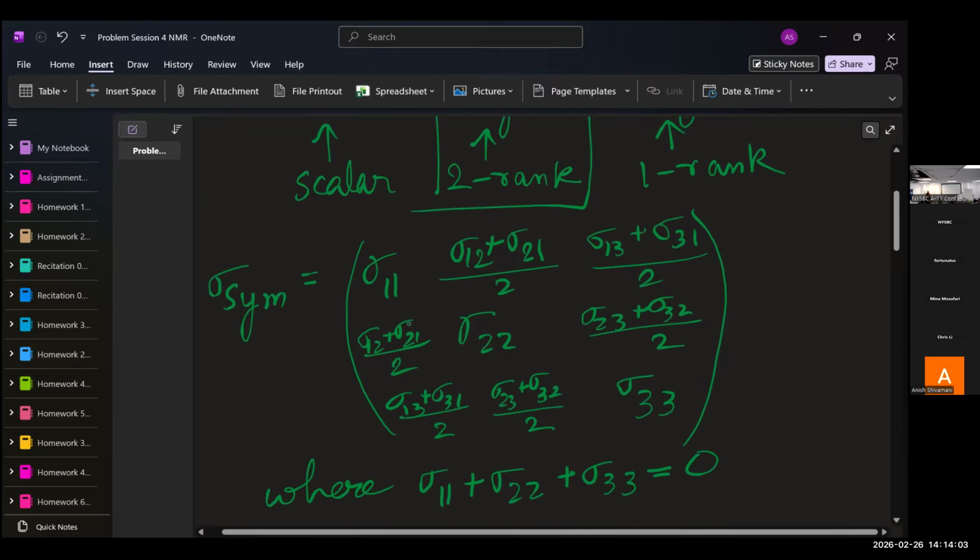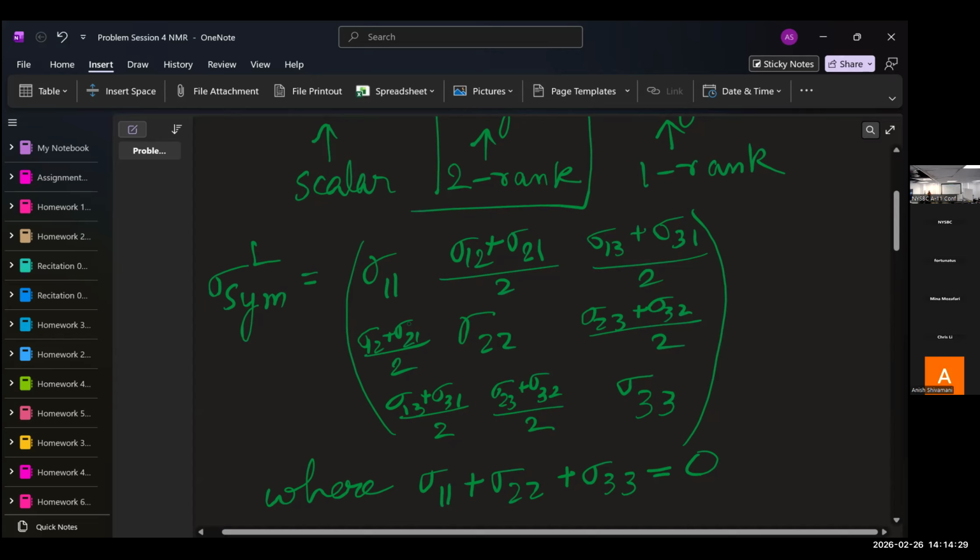And in the class, we said that in the lab frame, for example, this symmetric CSA tensor can be written in this matrix form where 1,1, 2,2, and 3,3 represent the components, like as Anne had described. You apply a B field along axis 1, and then the induced field along axis 1 is sigma 1,1, 2,2, and sigma 3,3.